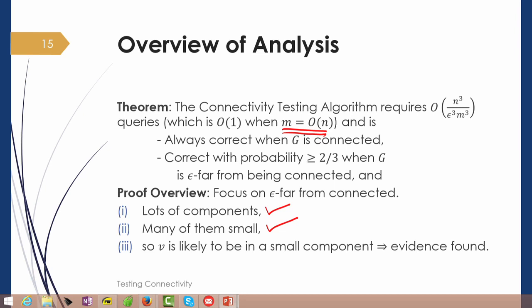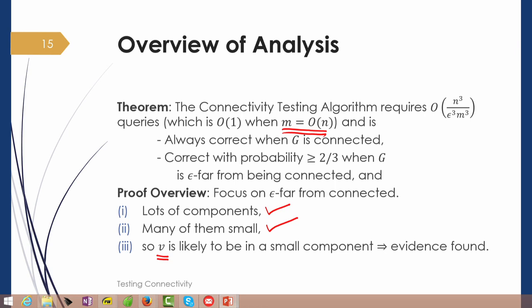Then we'll show that our randomly chosen V is likely to be in a small component, therefore leading us to the evidence that we are seeking. In the third step, we'll work out the probability with which we will land in a small component, and therefore the probability with which our overall algorithm is going to be correct. So this is the overview of our proof.